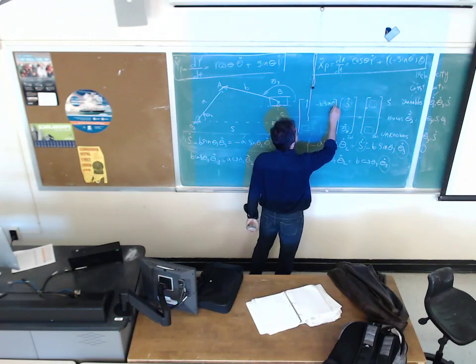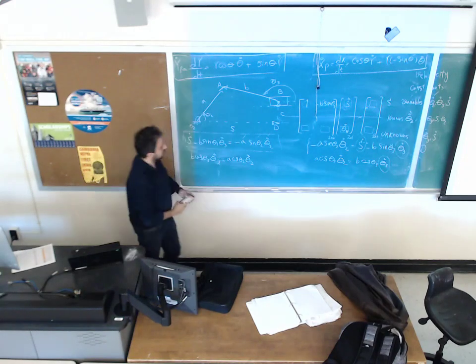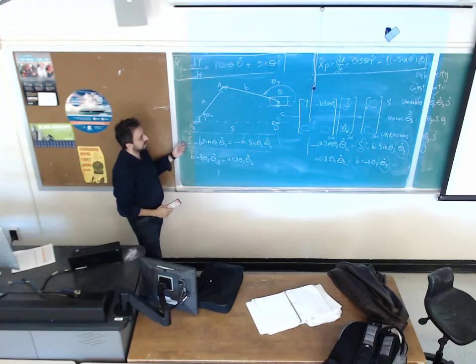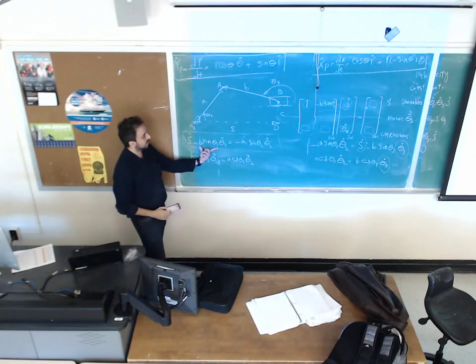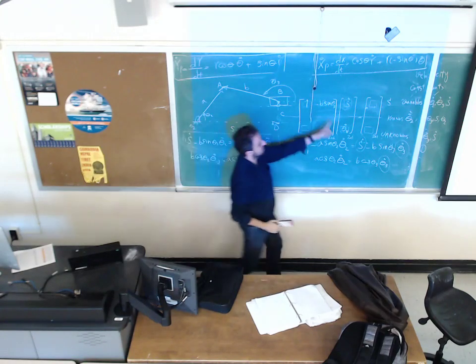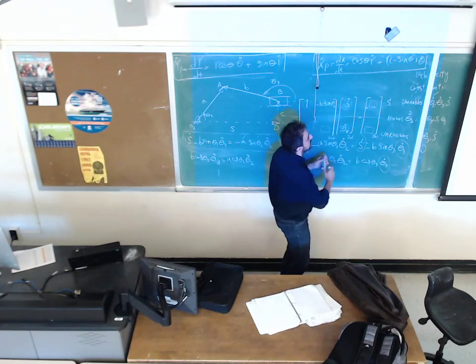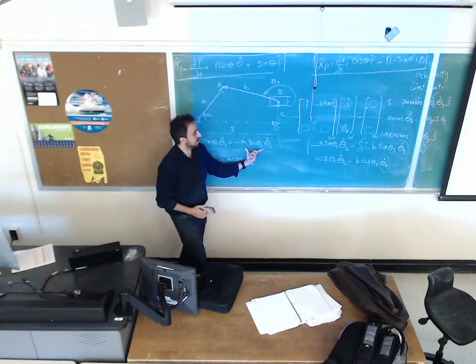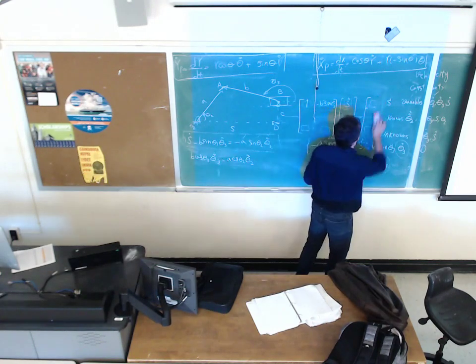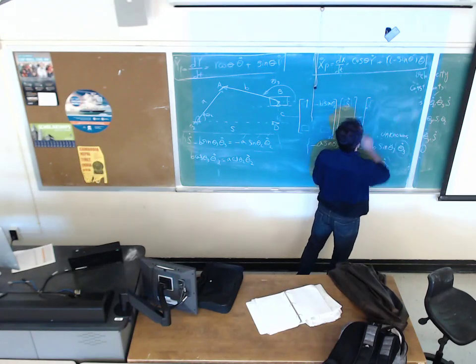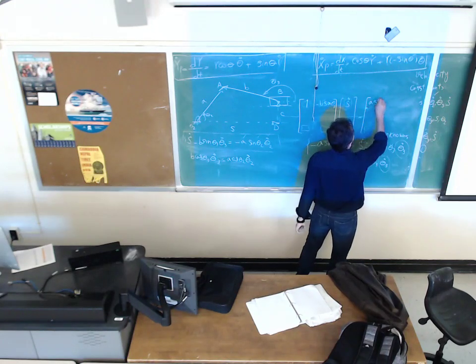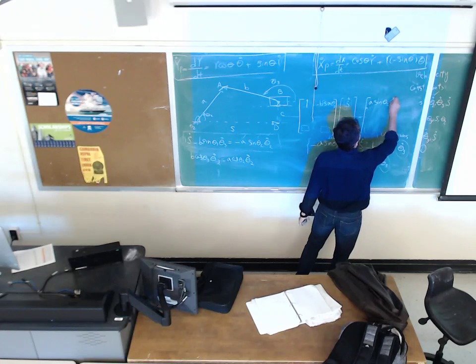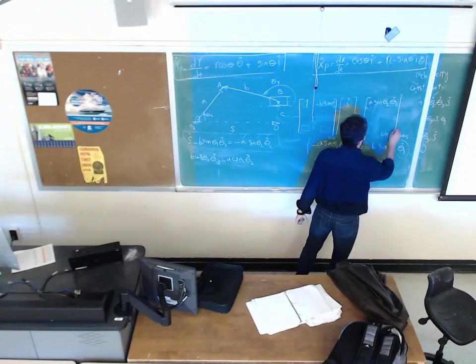First one represents the coefficient of the first variable, second one represents the coefficient of the second variable. Right hand side represents the constant part: A sine of theta 2, theta dot.